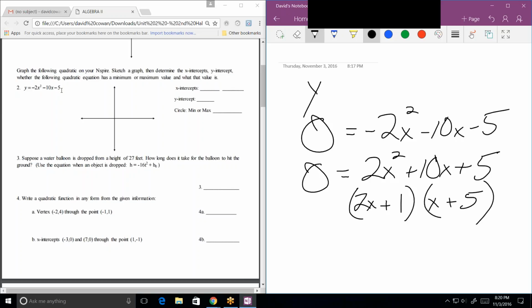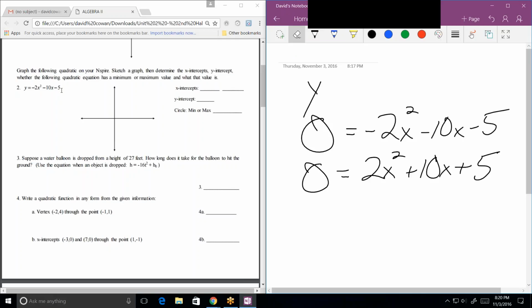I can't factor that. Why would they give you one that you can't factor? All right. Well, we've got to use the quadratic formula. If you can't factor something, you got to use the quadratic formula. What's x going to be equal to?